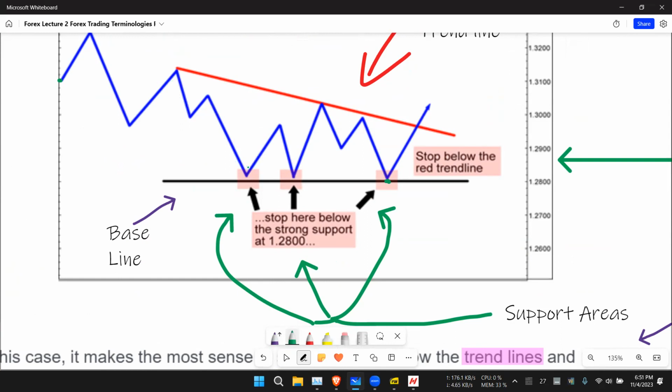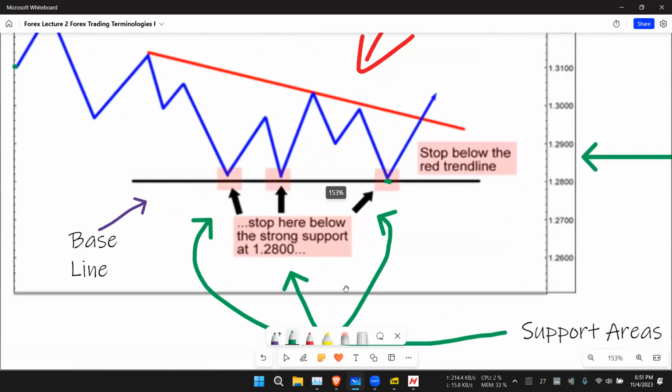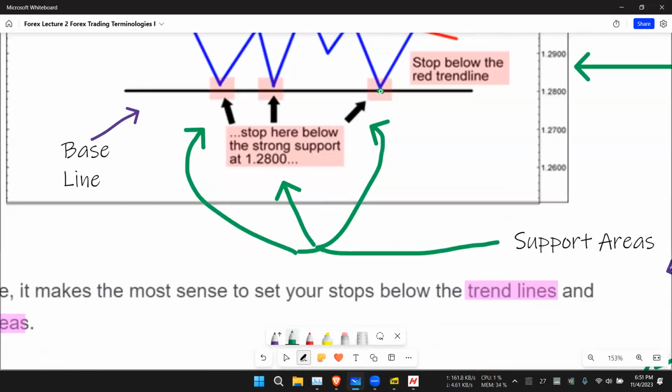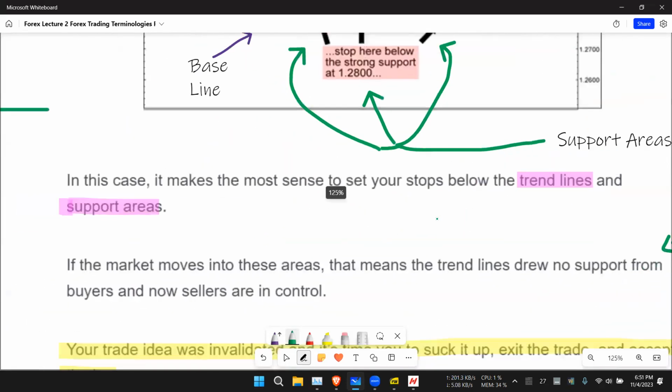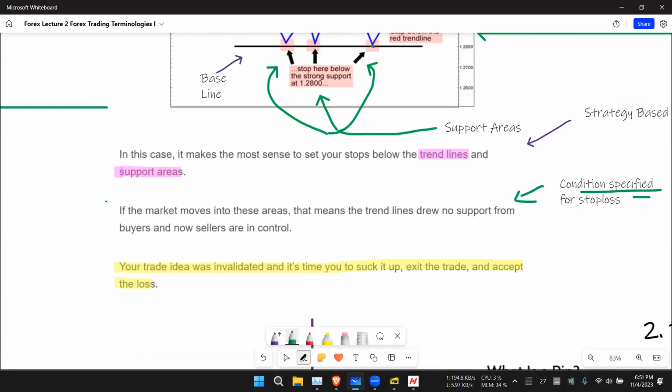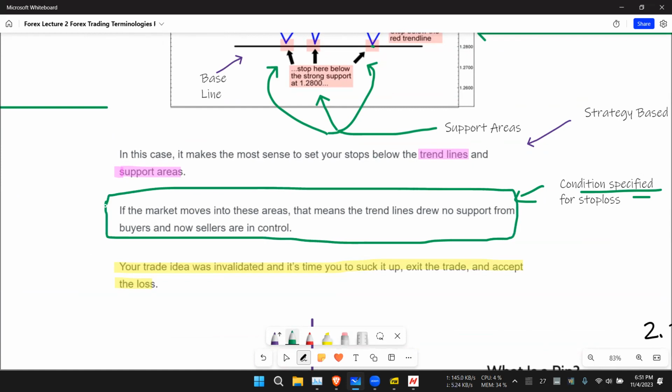We have opened this trade somewhere here and it goes down, down and down. It hits this part, it goes up, it hits this part again, it goes up, it again hits this part. This means there is something wrong with the market, so we should close this trade at this point of time. This is called a strategy, or a set of conditions, any name that you want to put. This is what we define strategies for.